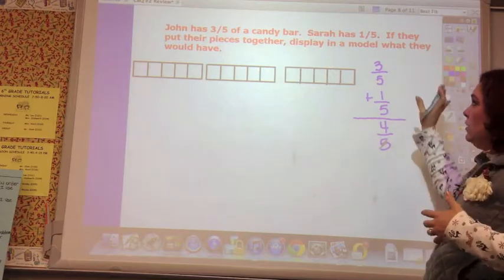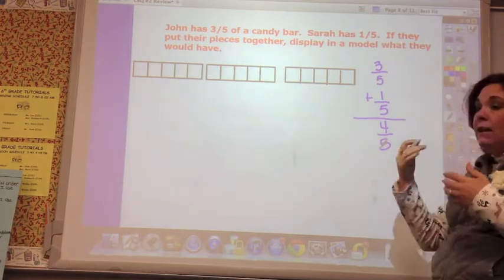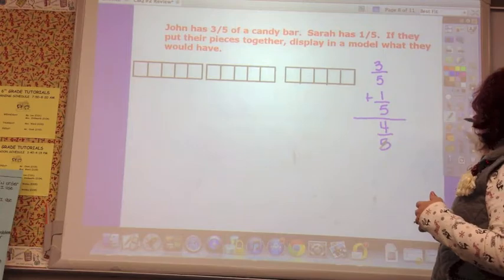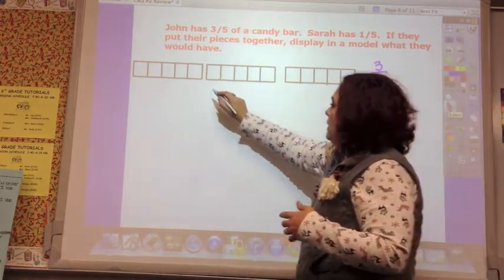Okay, so you see I took the word problem, solved it, and now I'm going to find the model that looks like it. So I'm going to take one of these.